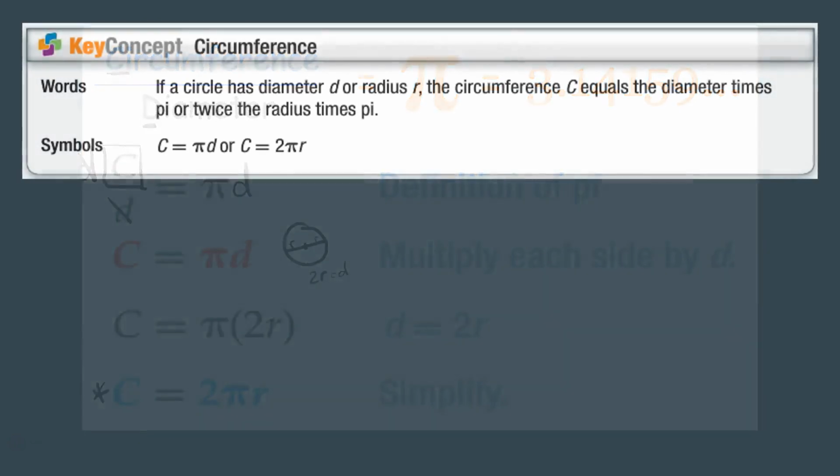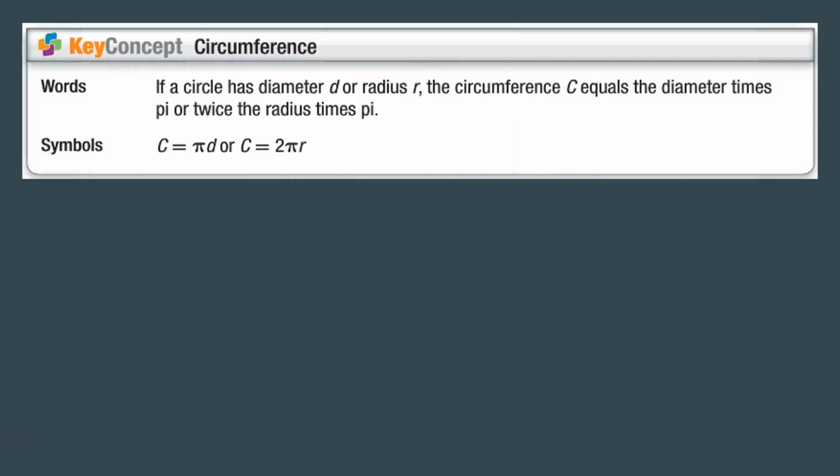So for circumference, if a circle has a diameter d or a radius r, their circumference C equals the diameter times pi, or twice the radius times pi. So we solved both of these equations.